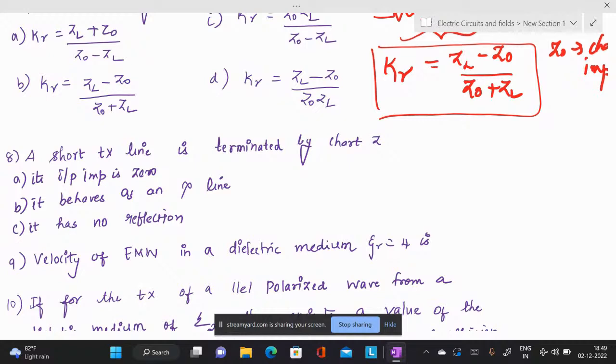As I already said, a transmission line can be ended with an open circuit, a short circuit, or with some impedance, that is usually a resistor.